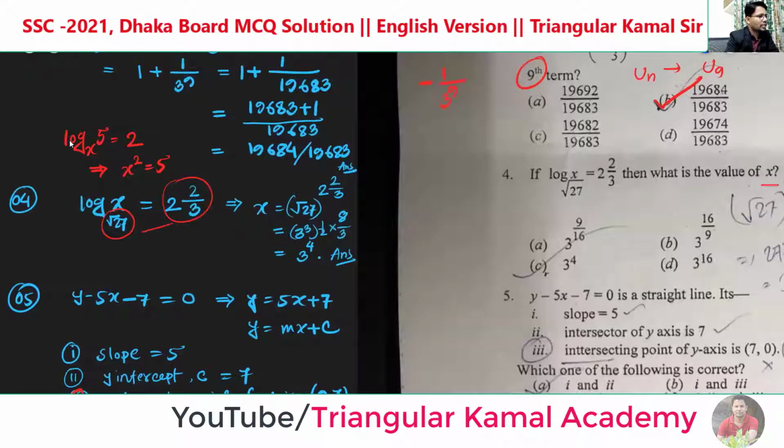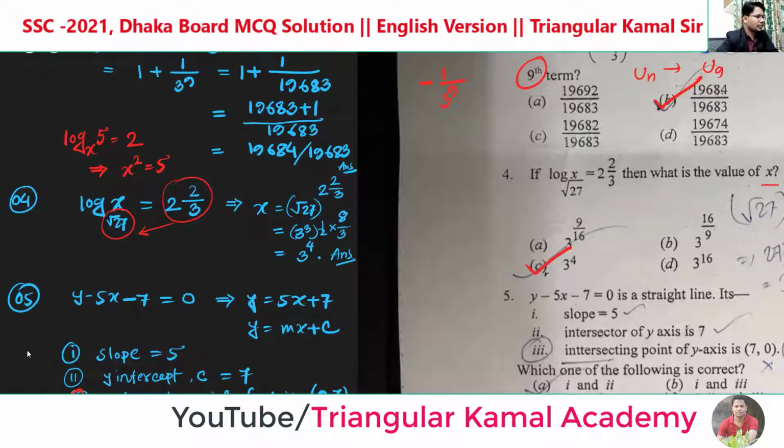So this will be the index of root over 27. Root over 27 means 3 cube and root means half, so 3 to the power 3/2, and the index is 2/3. Now all are powers, so do the simplification of the powers. 3 multiplied by half multiplied by 2/3, you will get 3 to the power 4. And this is our answer, 3 to the power 4.